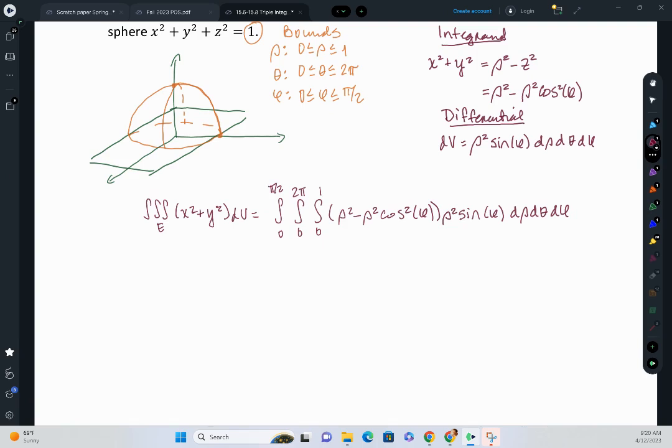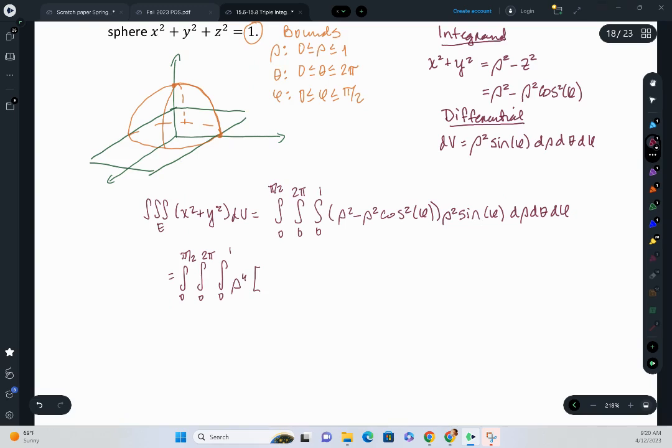Okay, so now what I want to notice is that in total, I have rho to the fourth, and I'm going to factor that out of everything. So this is equal to the integral from 0 to pi halves, the integral 0 to 2 pi, the integral 0 to 1 of rho to the fourth times, and I'm going to distribute that sine in here. We have sine of phi minus cosine squared of phi times sine of phi.